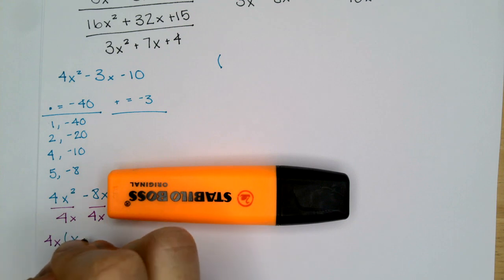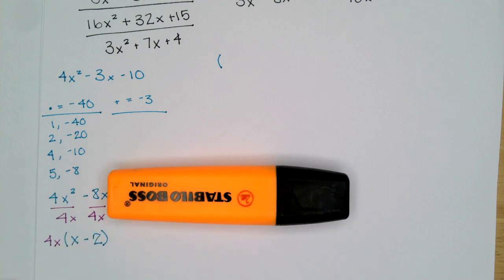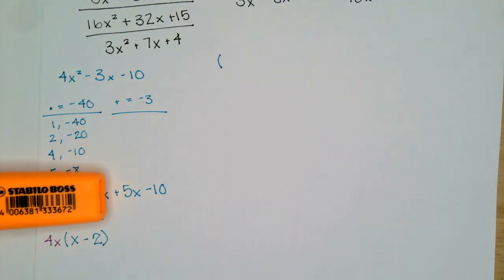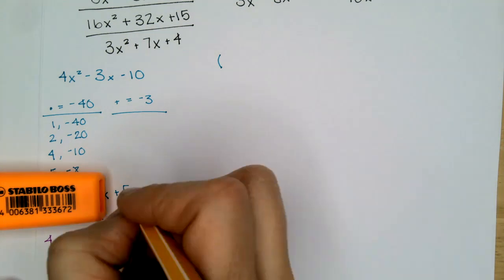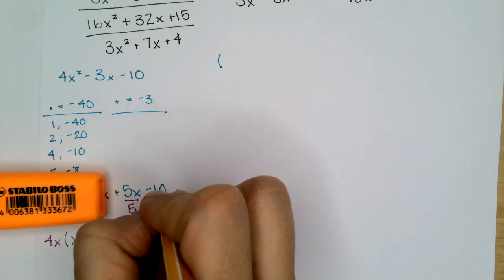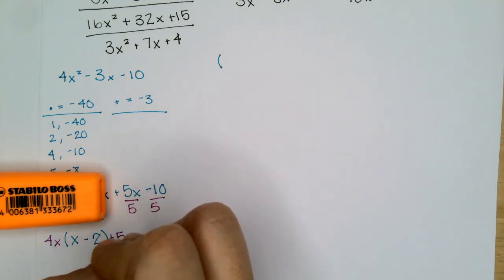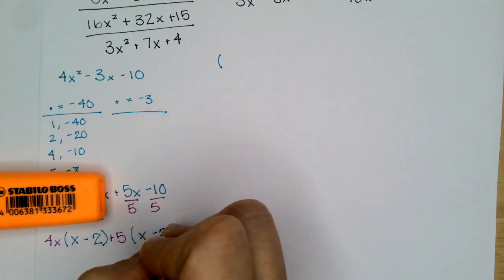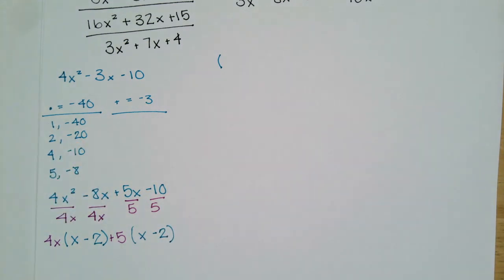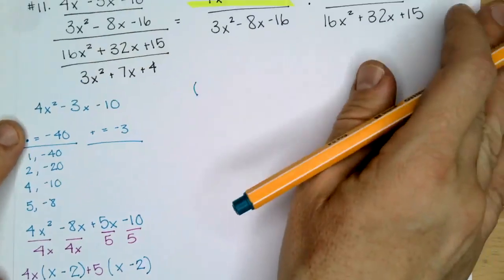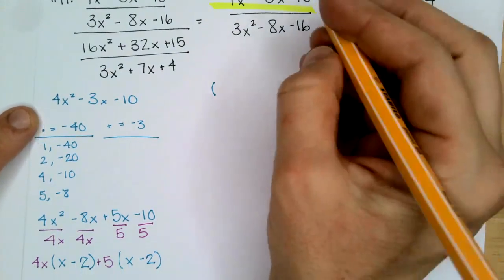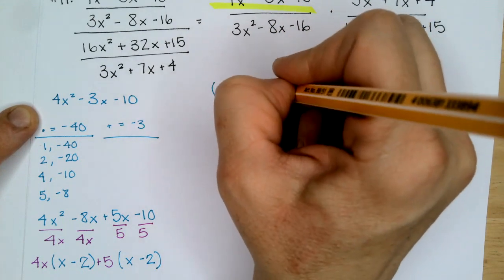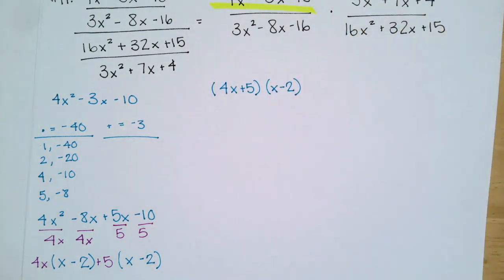Negative 8x divided by 4x is a negative 2. 5x minus 10, divide them both by 5. 5x divided by 5 is x. Negative 10 divided by 5 is a negative 2. So that first one, 4x squared minus 3x minus 10 becomes 4x plus 5 times x minus 2.